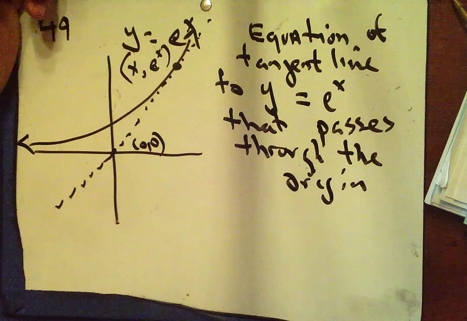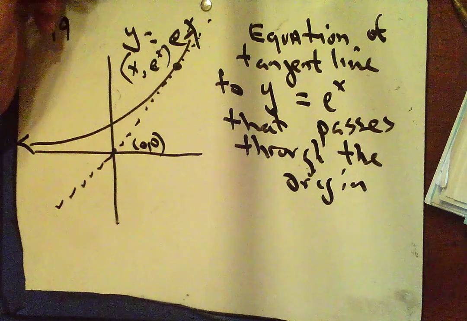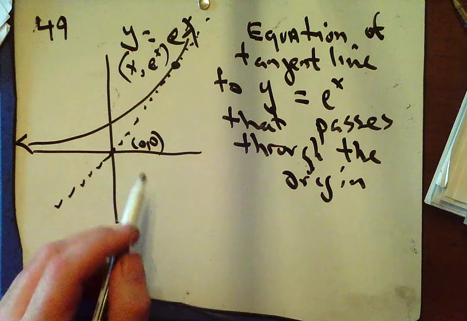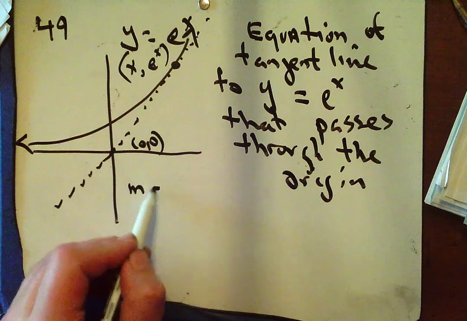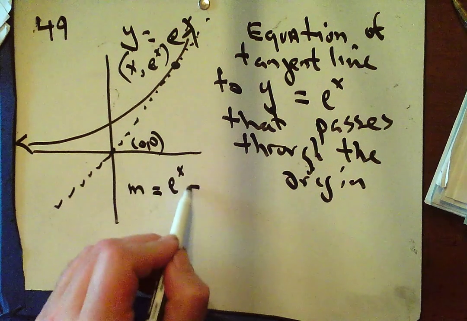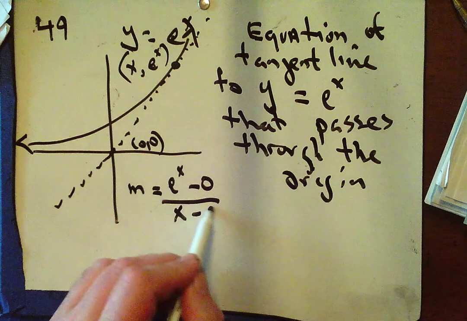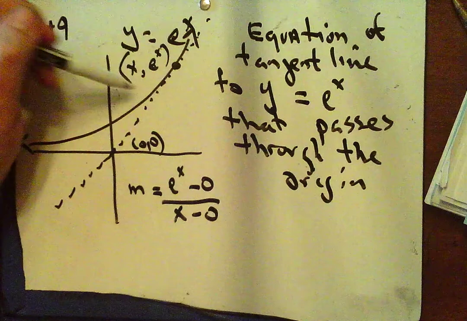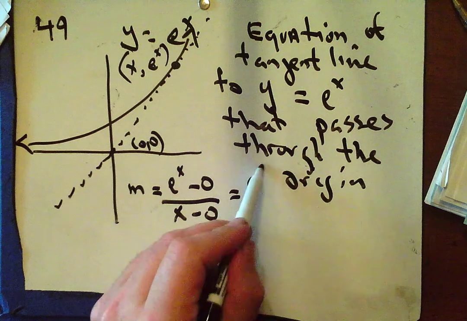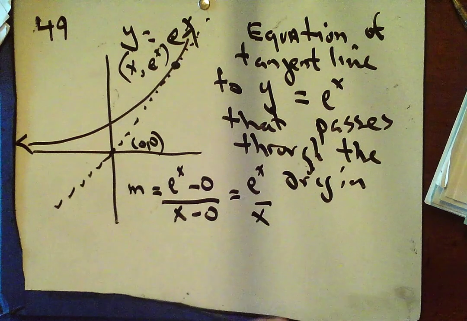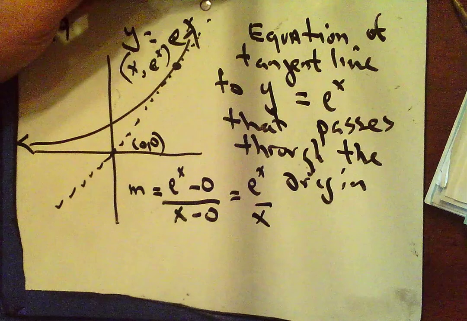That's right, we said the slopes would be the same. So the slope of the tangent line could be written as e to the x minus 0 over x minus 0, right? I'm using this ordered pair and this ordered pair to do the slope formula. So I have e to the x over x.